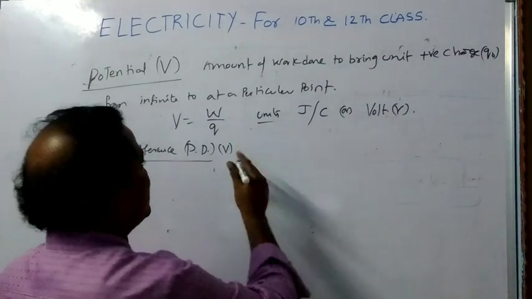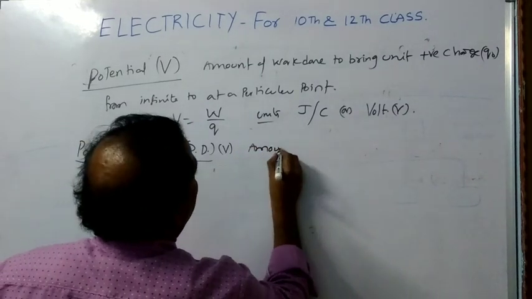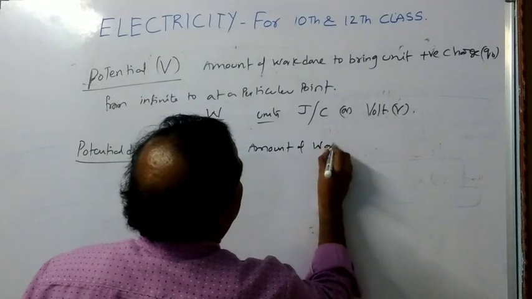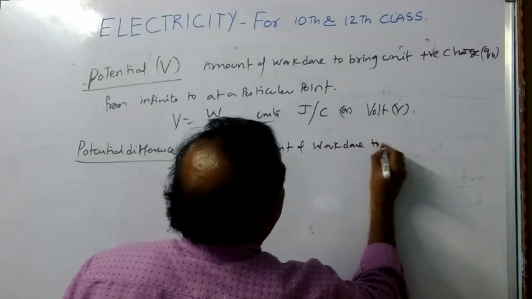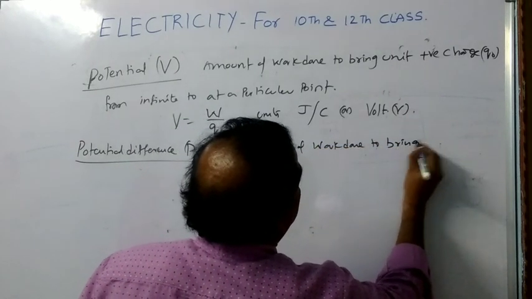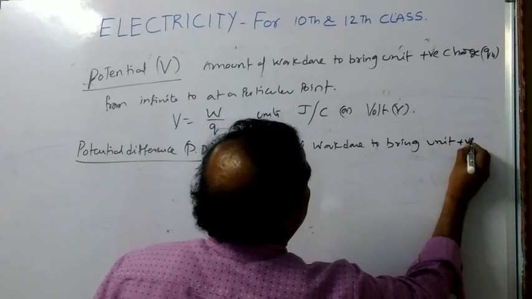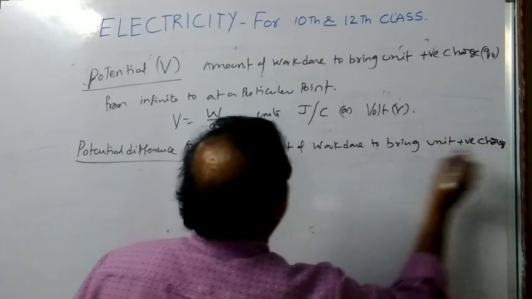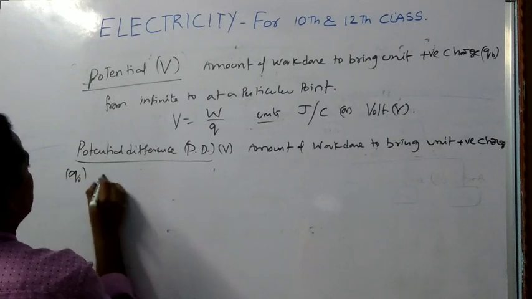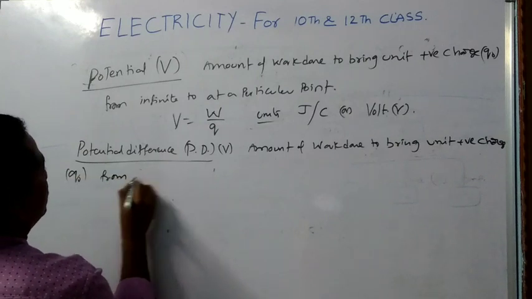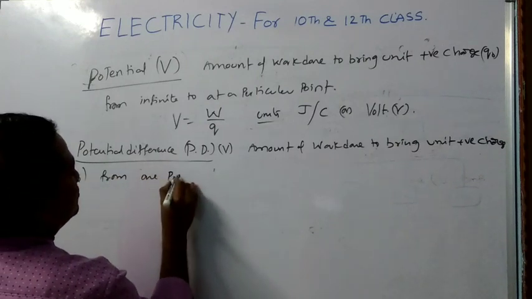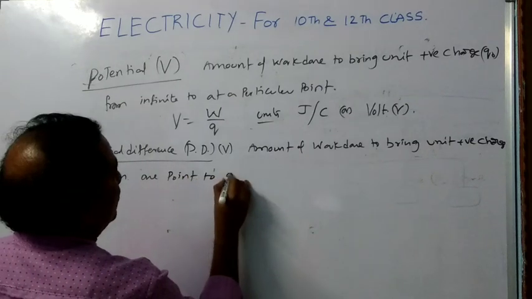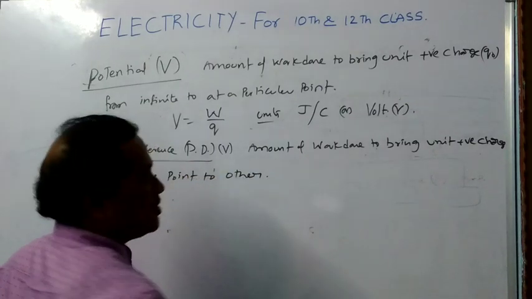That means you can write simply: the amount of work done to bring unit positive charge from one point to the other is called potential difference.